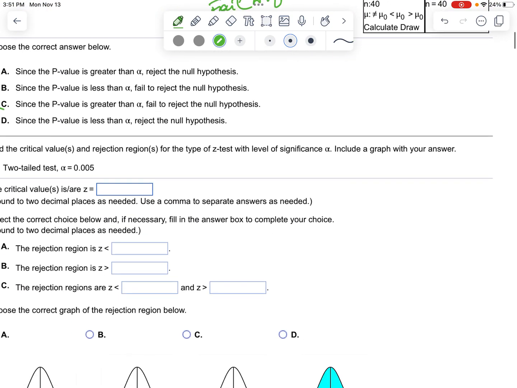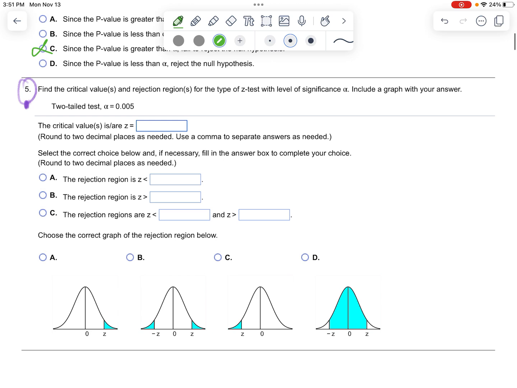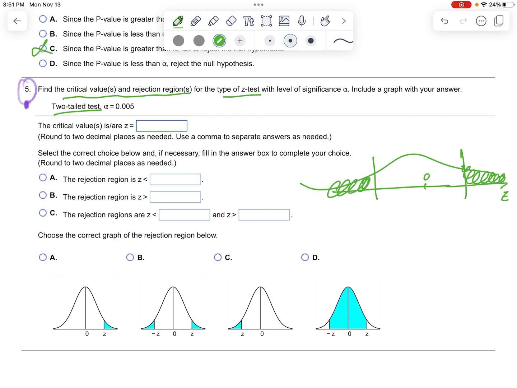That's that. Now it says find the critical values and rejection region, z-test, two-tail test. So if it's two-tail, you know you're going to have two rejection regions. I know I'm talking to everybody here. Your alpha, you're going to split it in half. Are we all on the same page?